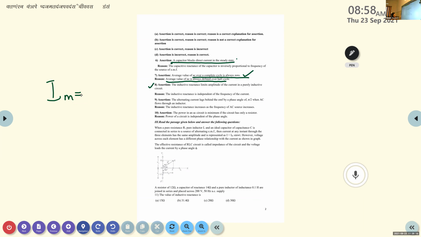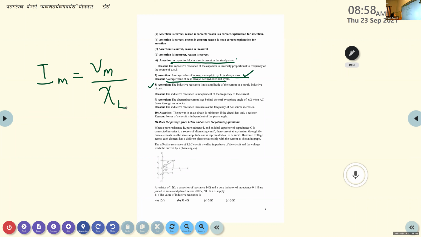I need the equation for calculating the maximum value of current. This is the value of current when we are connecting an inductor to an AC voltage source. Im is equal to the maximum value of current. Im is equal to Vm by XL.